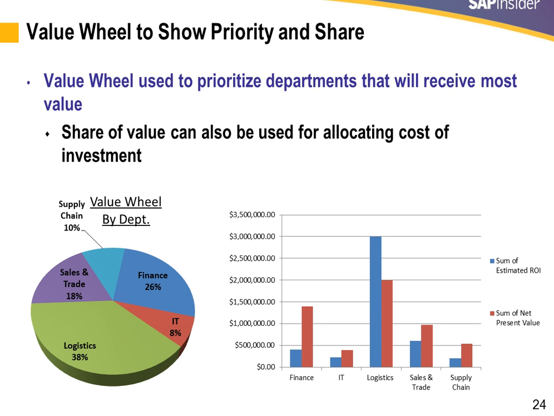And what it starts to give you, and this is an example of the final value wheel, is that picture of where you're going to get the biggest bang for your buck when you deploy HANA. And that then lets you start to plan out, all right, if I'm going to do a roadmap for deploying HANA, which areas should go live first? What are the first projects that I should plan to roll out? And then potentially also, how should I seek to get this funded?